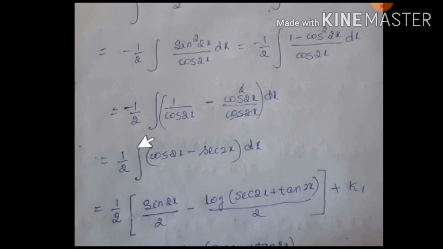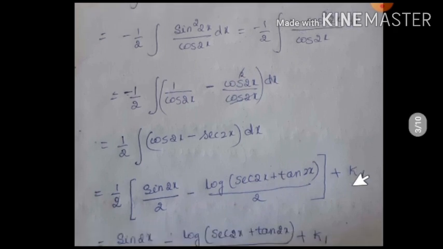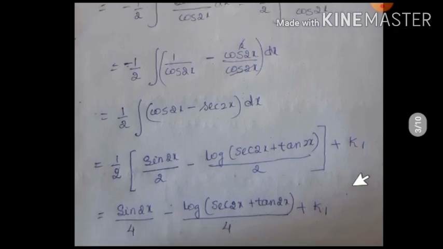Here what we are writing: integral of cos 2x is sin 2x by 2, minus, integral of sec 2x is log of secant 2x plus tan 2x by 2, plus constant of integration. Then this 1 by 2 is multiplied to the bracket. So sin 2x by 4 minus this term divided by 4 plus k1. So this is the A value.